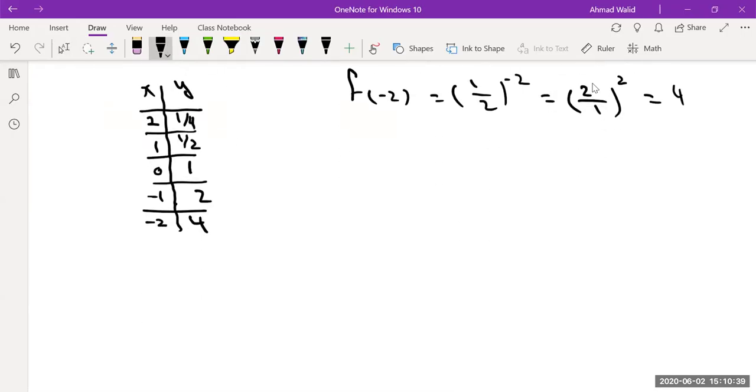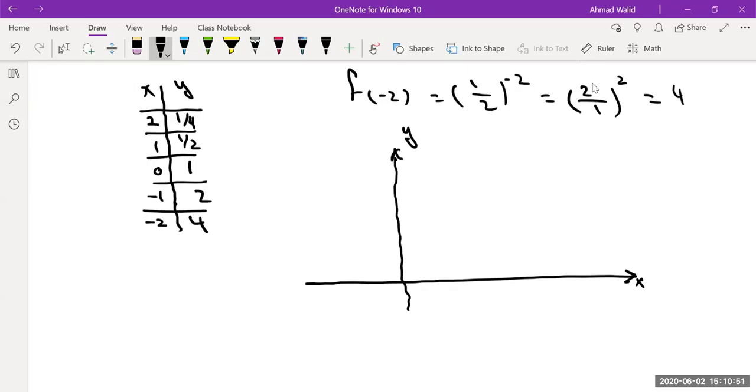Let's plot these points and see the graph if the definition is true, right? I'm trying to show for you on a numeric example that when b is less than 1, greater than 0, your graph is actually decreasing. Let's plug in these numbers. When x is 2, y is 1/4.